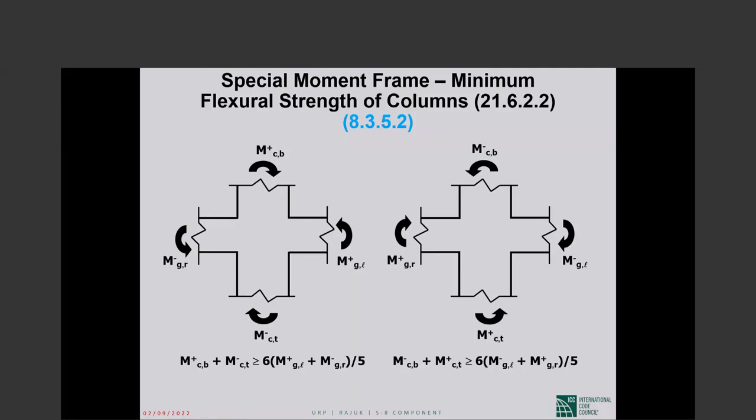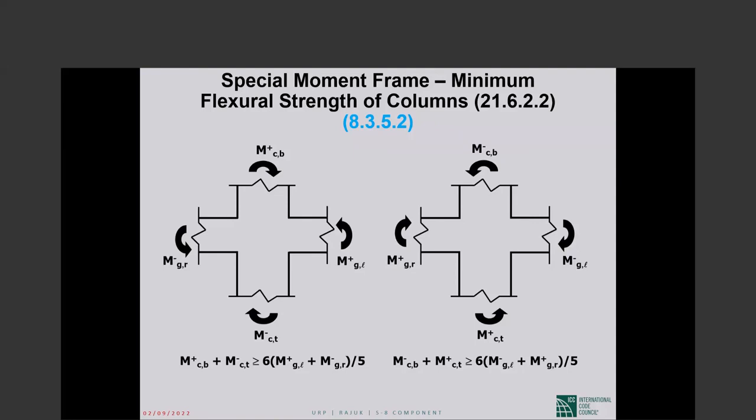Be that as it may, the requirement is that the nominal moment strengths, we go with nominal these days, the combined nominal moment strengths of the columns meeting at a joint shall be at least 120% of the combined flexural strengths of the beams meeting at the same joint.